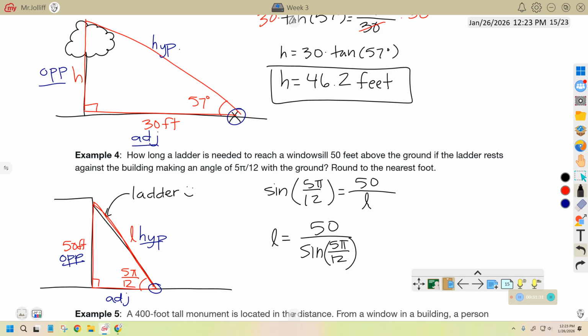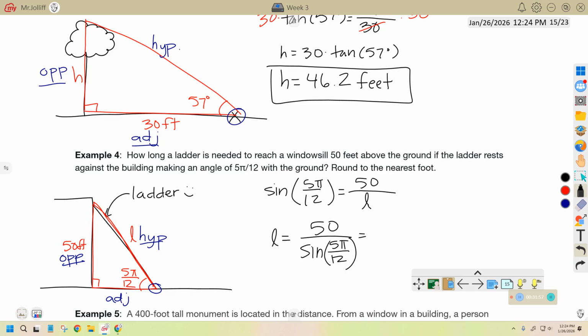All right, Emiliano, what'd you get? Round it to the nearest whole number. No, it's radians. It's got pi in it.